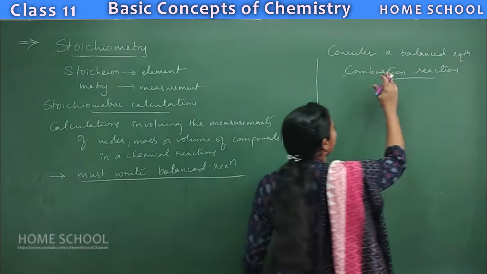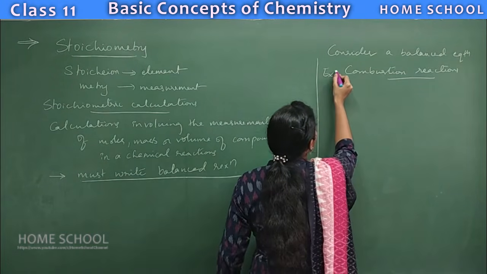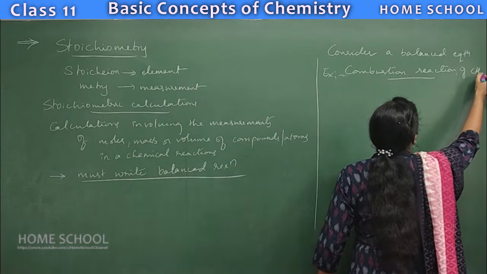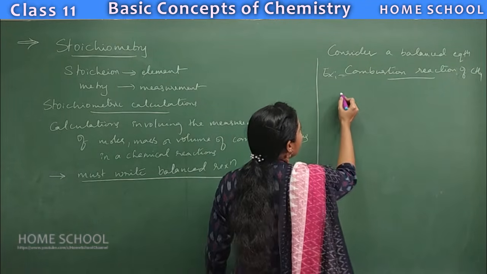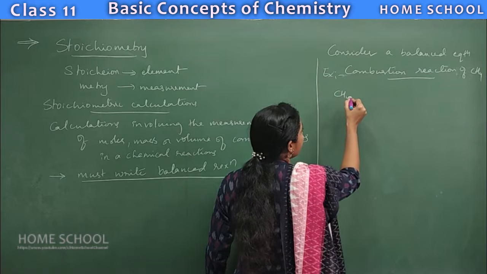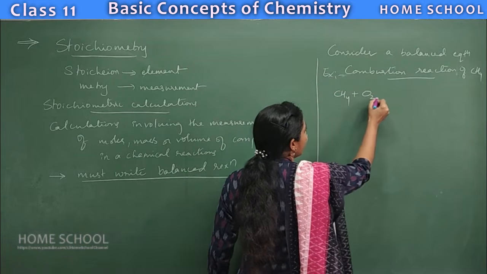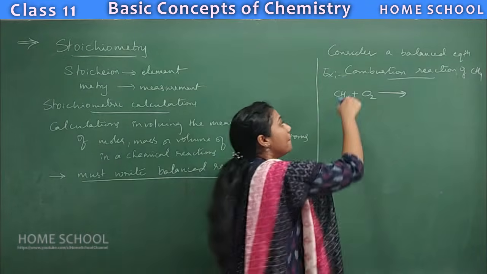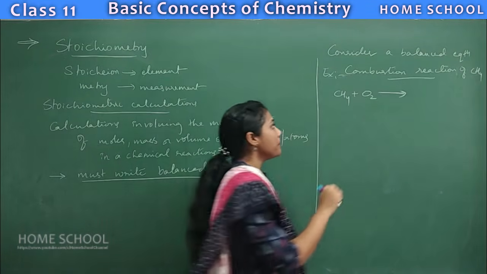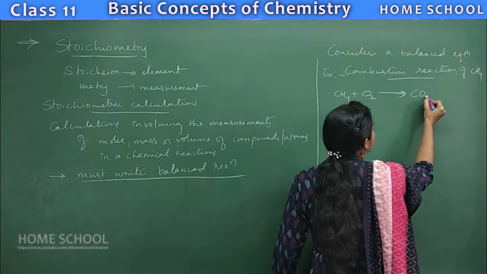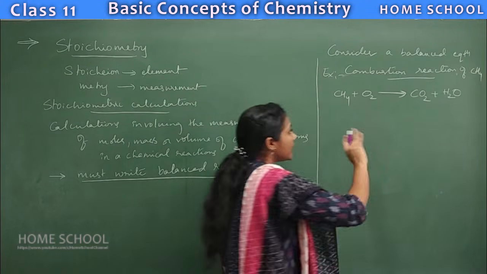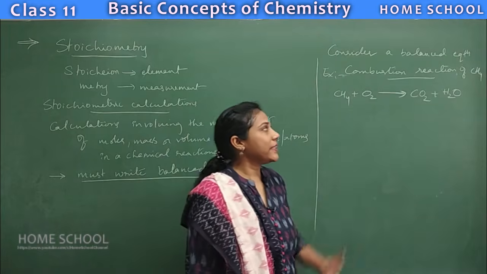So now I'm taking the example of the combustion reaction of methane, CH4. CH4 reacts with oxygen, and the products are carbon dioxide and water. So this is the combustion reaction of methane.